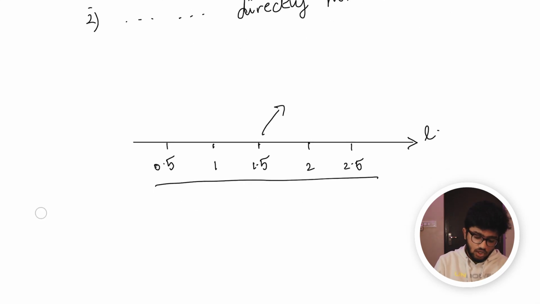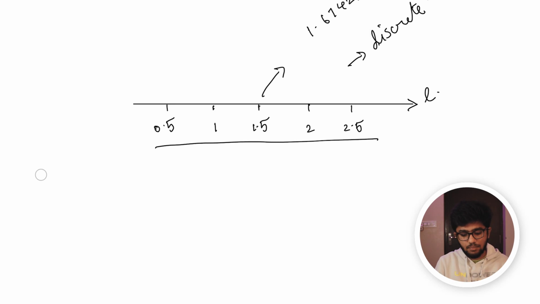Because in none of these cases can you buy 1.6742 liters. Is that possible to buy? No. You can only buy milk packets which are multiples of 0.5. You cannot buy other than that. So the values in the interval between these numbers are not possible to buy. So such data points are generally referred to as discrete.